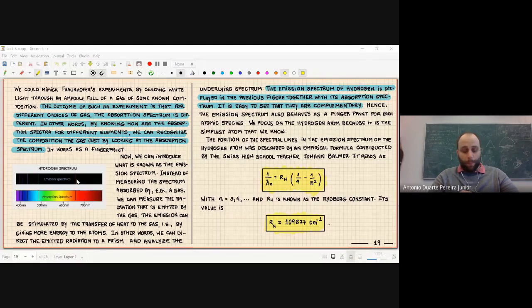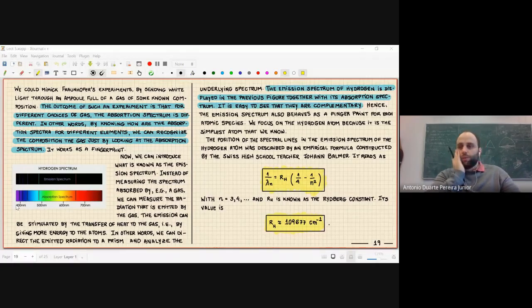So those colors that were missing for the absorption spectrum will be those colors that will appear in the emission spectrum, okay? And what we saw is that these frequencies or wavelengths that are missing are rather not a continuum range of colors, but a discrete set of wavelengths and frequencies, okay?